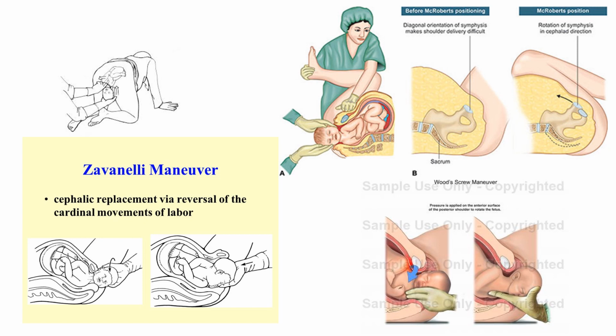Worst case scenario, if your fetal head is out for too long, is called the Zavanelli maneuver. This is where the provider pushes the fetal head back up into the uterus. They do a stat C-section to deliver the baby that way. This is a last-ditch effort to get this baby delivered.